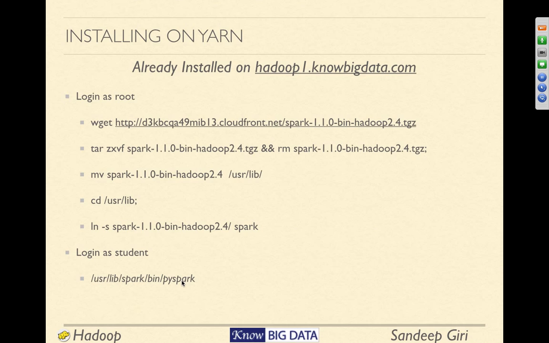Right now we are going to use PySpark, which is nothing but Python plus the Spark command line. If you are already on our cluster, then you can directly use this URL. You don't have to install anything.